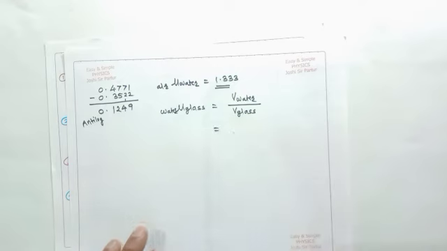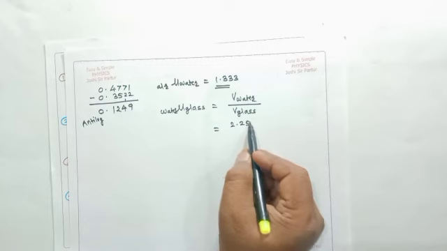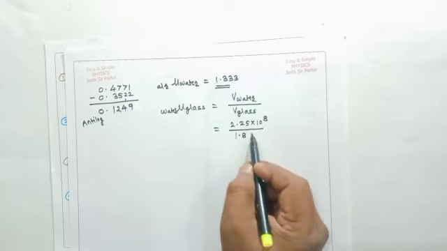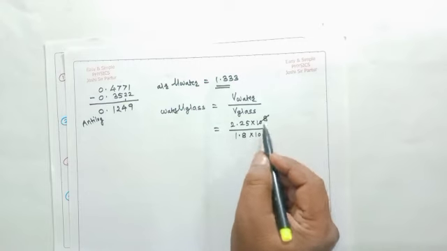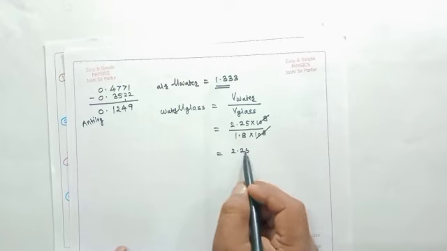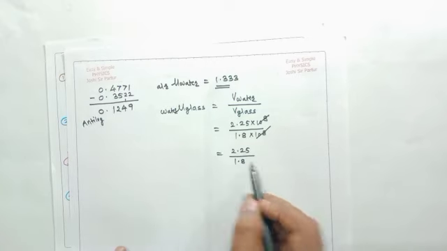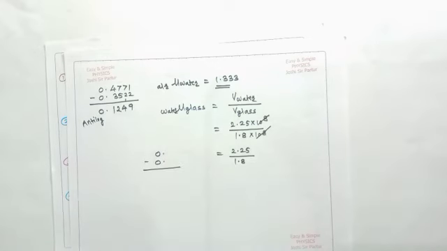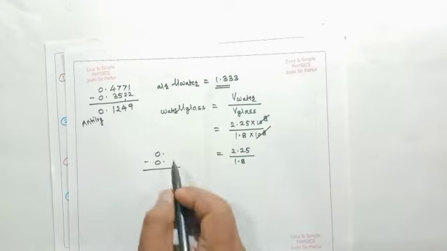Substituting, that will be 2.25 into 10 to the power 8 divided by 1.8 into 10 to the power 8. 10 to the power 8 gets cancelled. So here 2.25 divided by 1.8. By using logarithm, the characteristic is 0 point. For 2.25, it is 3522.